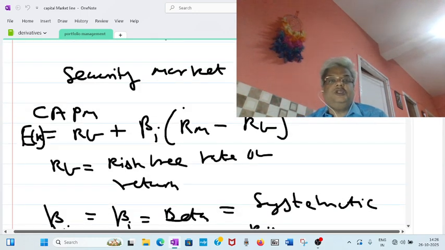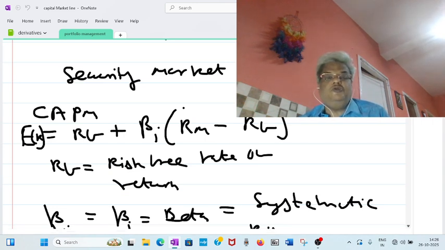Now, security market line. Security market line is derived from the capital asset pricing model formula, and the formula is Rf plus beta i (Rm minus Rf).